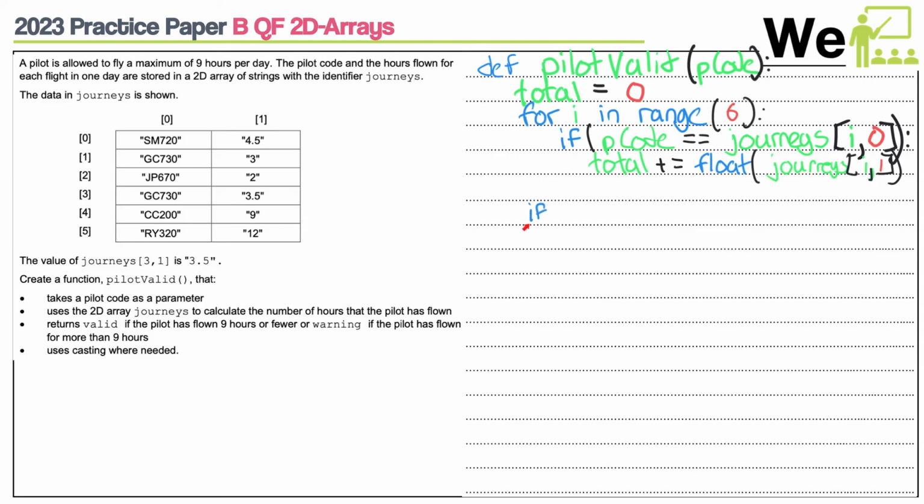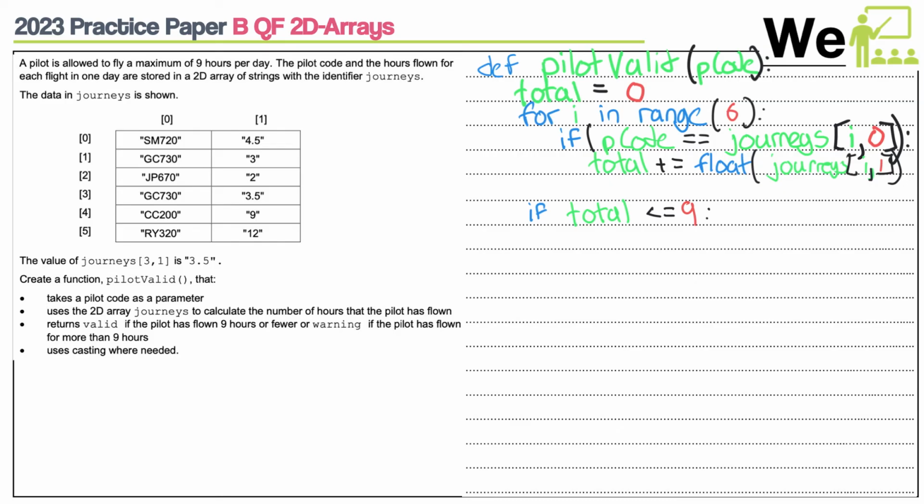Don't do it inside the for loop, otherwise it will check every time. We want to check at the end of the for loop if total is 9 hours or fewer, so less than or equal to 9. If it's less than or equal to 9, we can return valid.